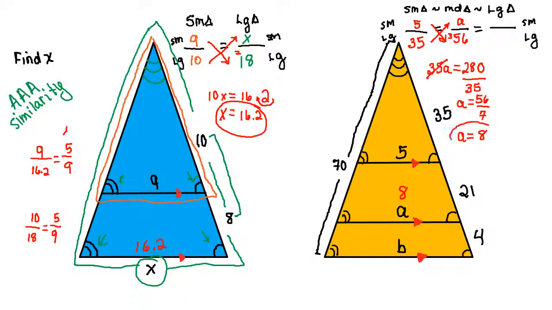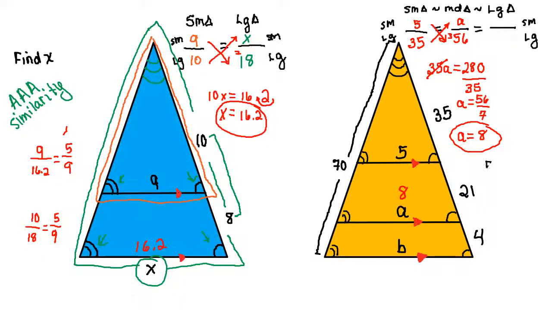Alright, now with that one down, we can actually set up the large one, and you can either set it to the small one here or the medium one because you have both. Your choice.